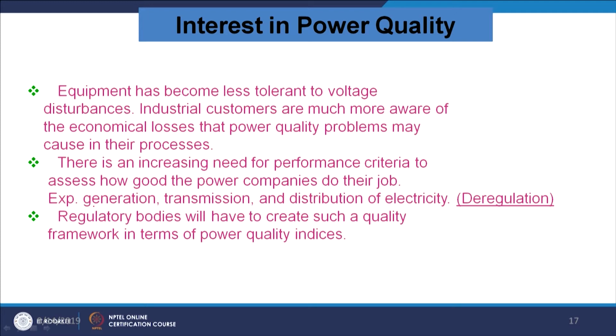For example, generation, transmission as well as distribution of electricity are separated, and that is called deregulation. So, regulatory bodies have to be created to monitor the framework of generation quality, transmission quality and distribution quality.